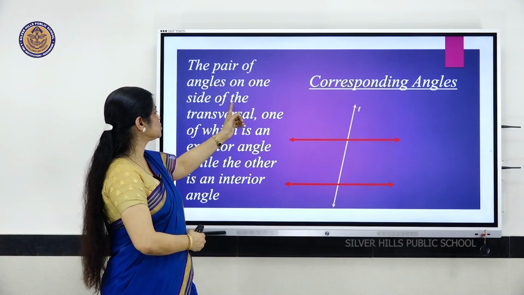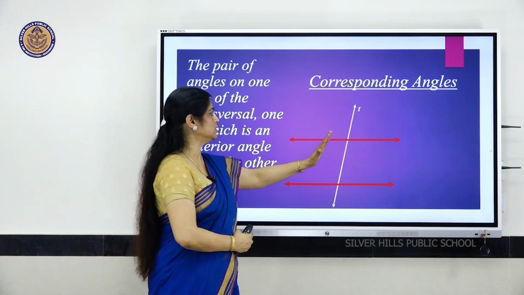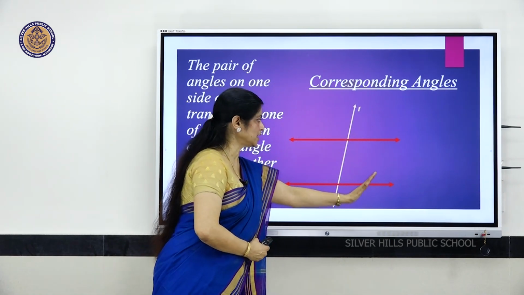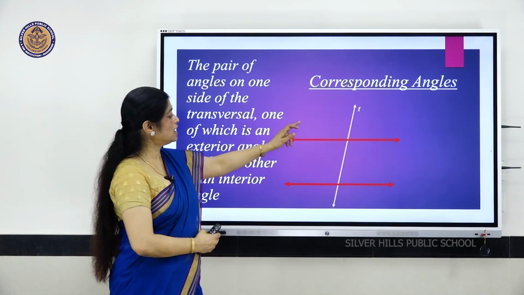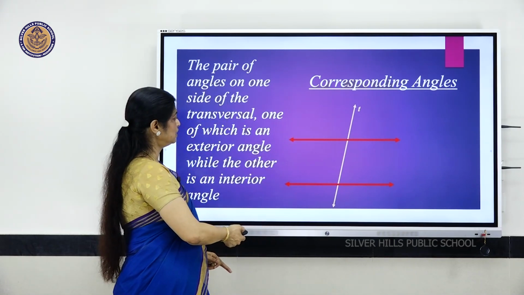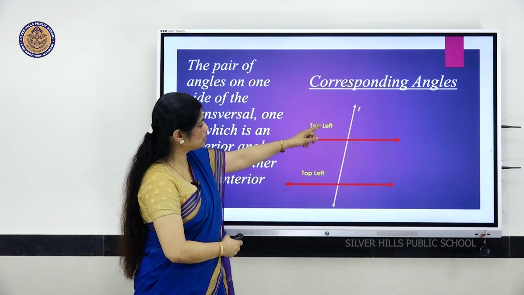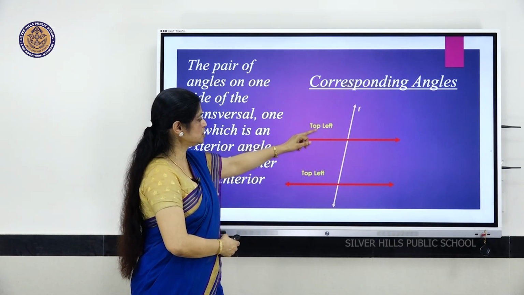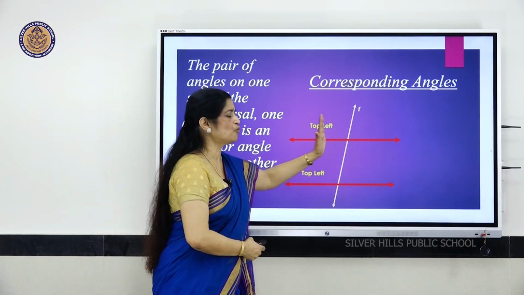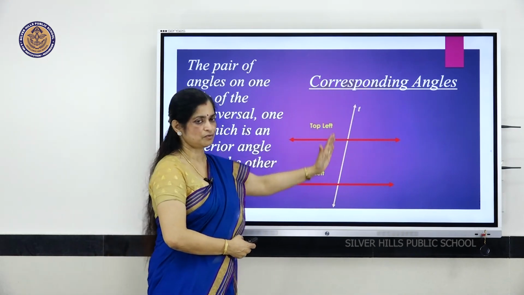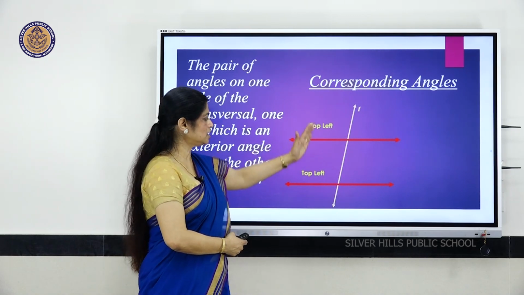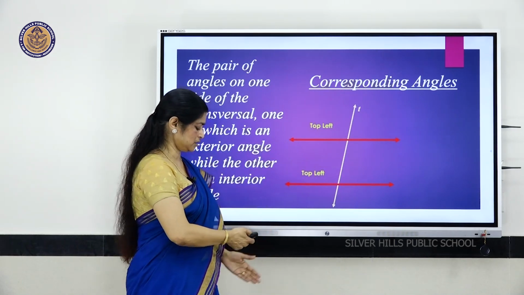The pair should be such that one is an exterior angle, the other an interior angle. Let us see that. Now, top left, these two form corresponding angles. They are on one side of the transversal, out of which one is an exterior angle, the other an interior angle.